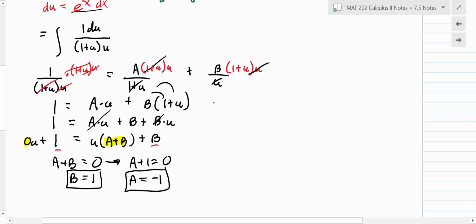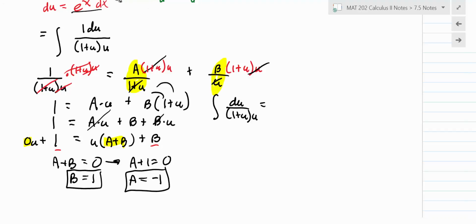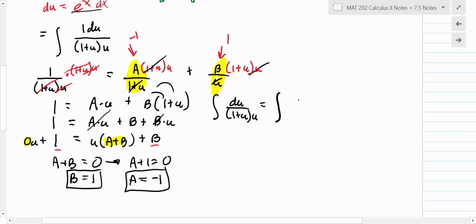All right, now what we're going to do is put together this partial fraction right here. So what we're doing right now is the integral of du over (1 plus u) times u. So we split it up in the partial fractions this way. a was -1, b was 1, like that. So you're going to end up with the integral of -1 over (1 plus u) du plus the integral of 1 over u du, like that.